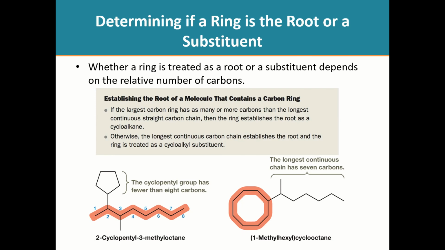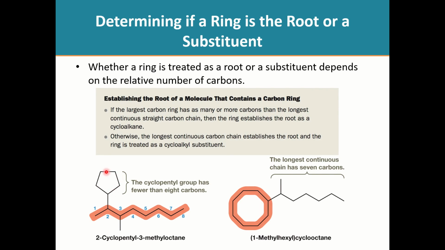Now, naming an alkane that has a ring, you're going to come up against an issue. When do you use the ring as the parent name? Let's see here. Okay. So when do you use this ring as the parent name? So what is this? This is a cyclopentane.